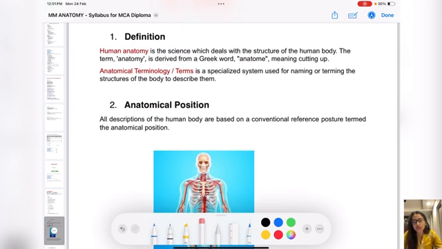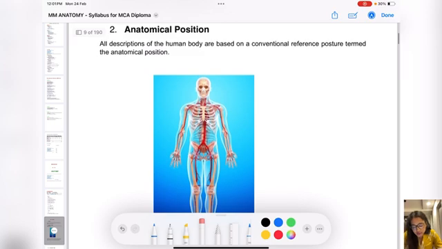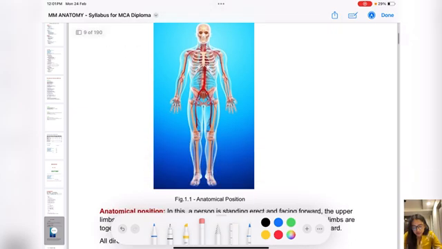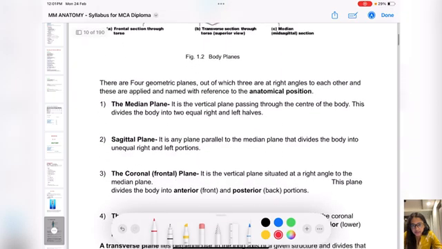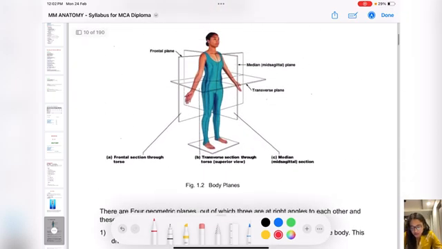Now anatomical position. All the descriptions of the human body are based on the conventional reference posture termed the anatomical position. So there are 4 planes which we'll study. First is the median plane, where the body is divided into left and right equal halves.